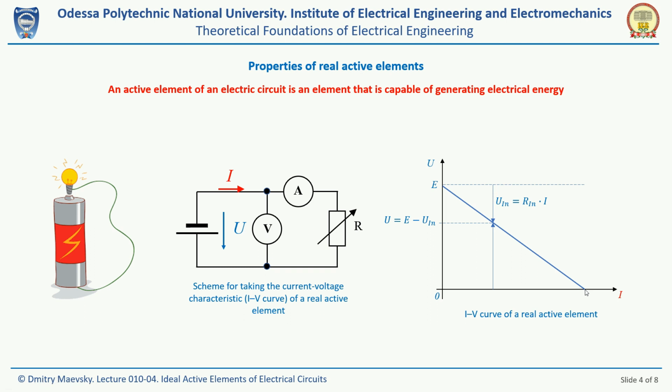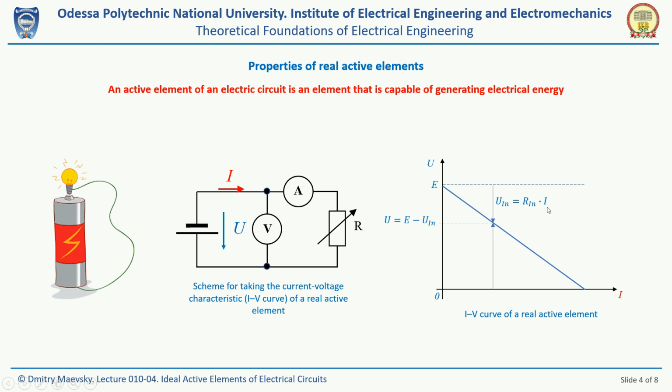This behavior of the current voltage characteristic is because any real active element has an internal resistance. If the current is zero, then the voltage on the element is maximum and is equal to the electromotive force of this element. When the current through the element increases, the voltage on this internal resistor increases too.